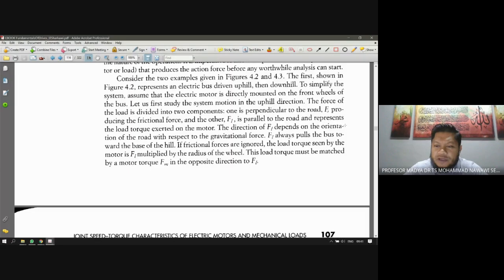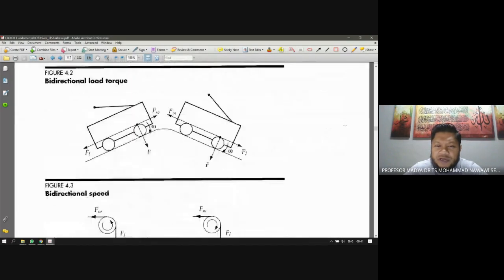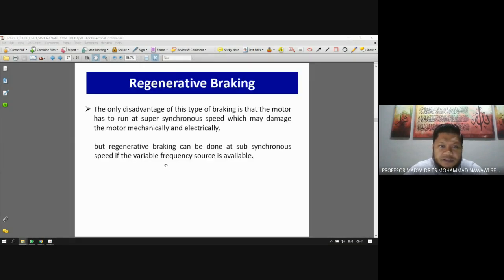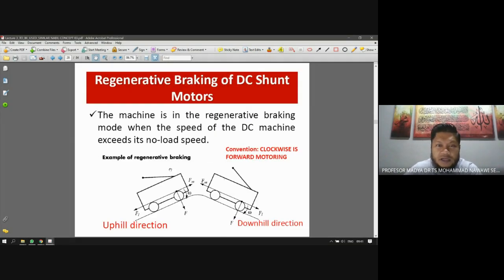So if you refer to page 107, you get more explanation. You can read that. That is the Sharkawi book, page 107, which gives more explanation on this regenerative braking of the DC shunt motor.